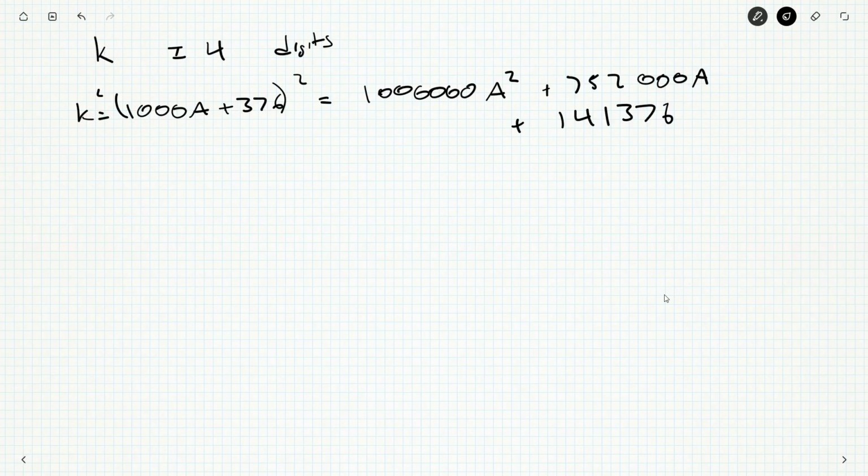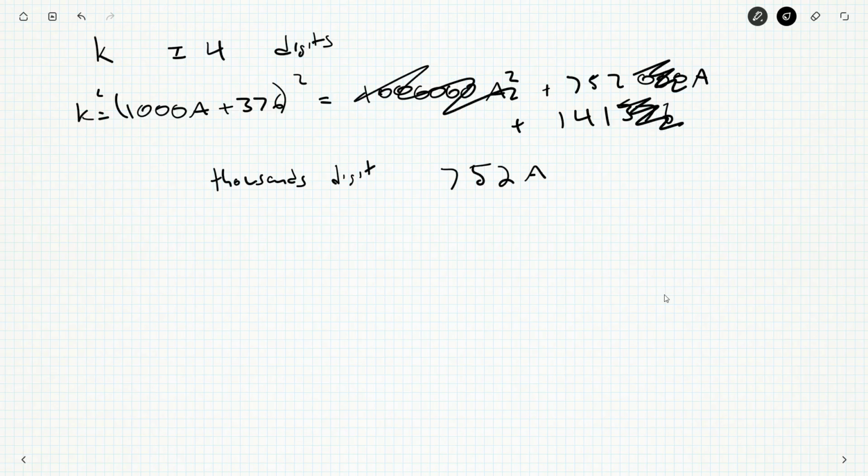141,376. So if I just want the thousands digit, I can ignore this chunk and this chunk. It's just going to be 752A plus 141. But the thousands digit is just the units digit of this. So we'll choose our A. The 75 don't really contribute either, and neither does the 14.